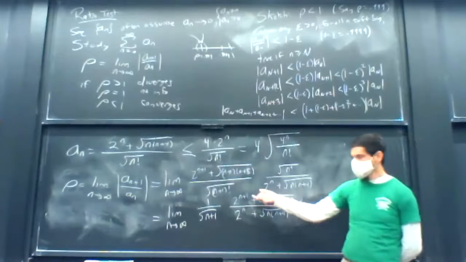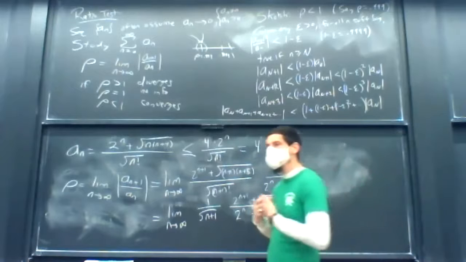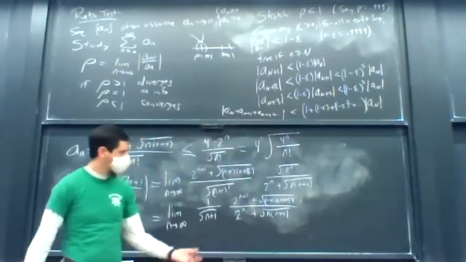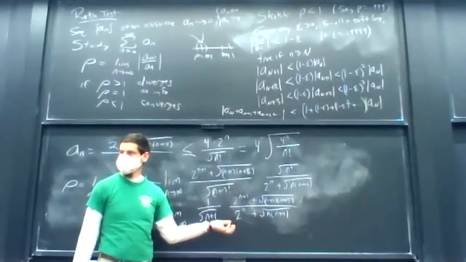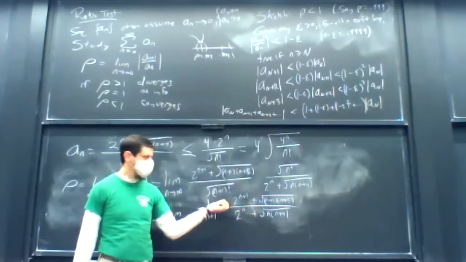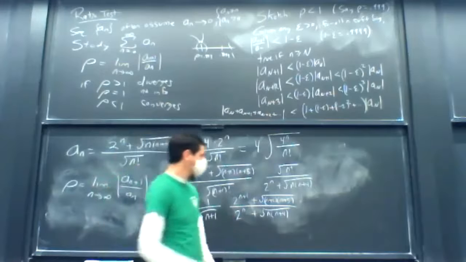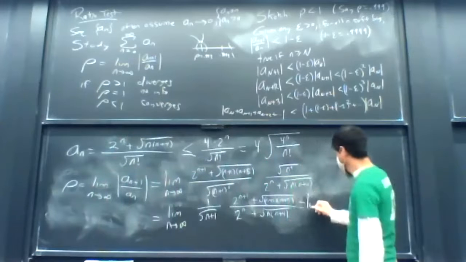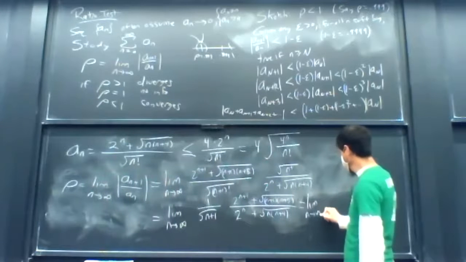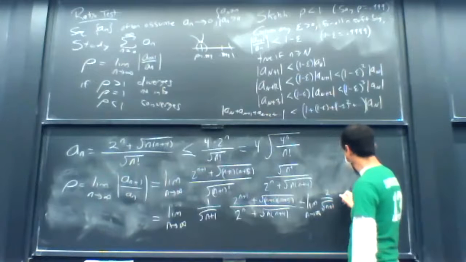When I look at this, it should remind you a little bit of when we had ratios of polynomials and we pulled out the highest degree on both the numerator and the denominator. So I would pull out a 2^n from the denominator, a 2^(n+1) from the numerator, and that would give me just a 2. So this would just be the limit as n goes to infinity of 2 over the square root of n+1.